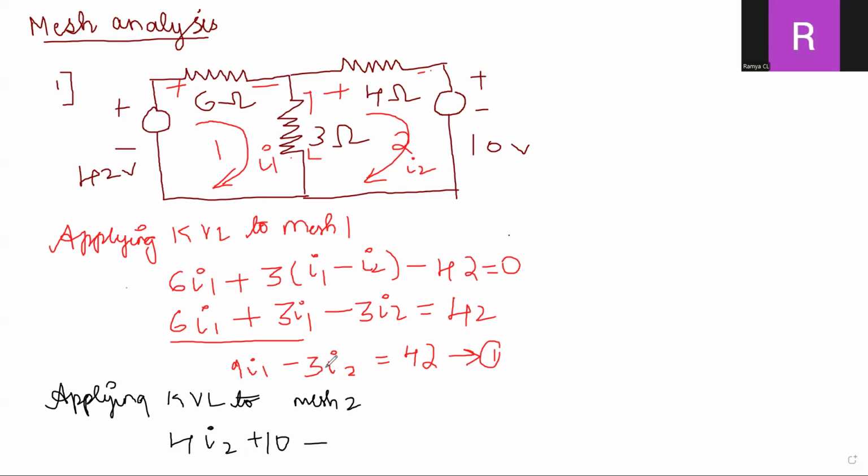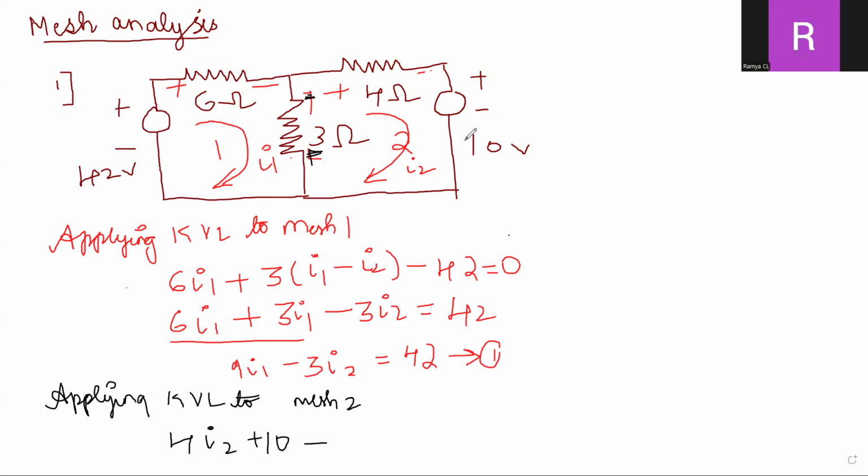How does the minus come? You are going clockwise only, no? Because you are going clockwise, it will be plus and minus, and here also the polarity will be plus and minus. So it is 4I2.